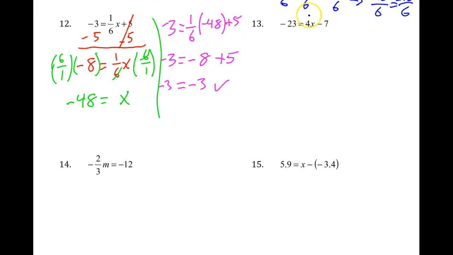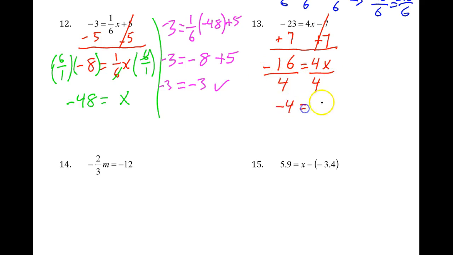We got a, let's see here, variable on the right again on number 13 with a negative 7. So this time we'll start by adding, doing the opposite. So there we go. That's 0. 4 times what is going to be negative 23 plus 7. Let's see here. That's going to be negative 16. And then we can divide both sides by 4.